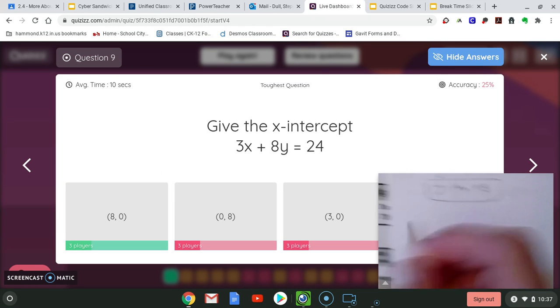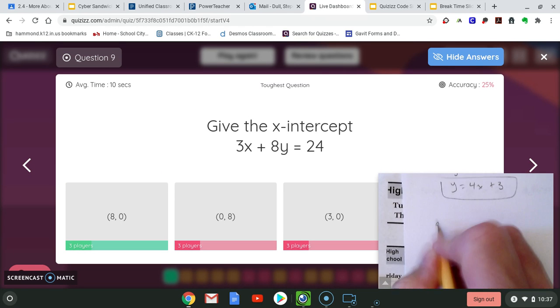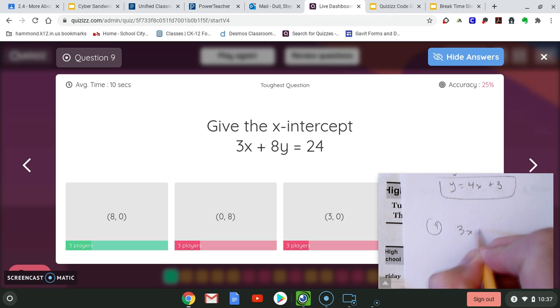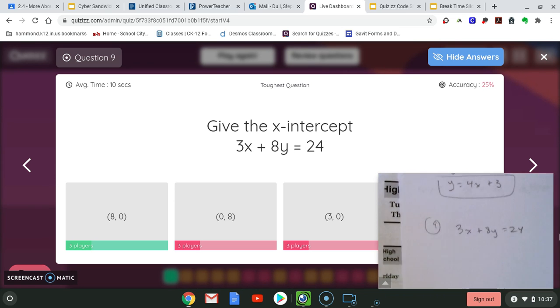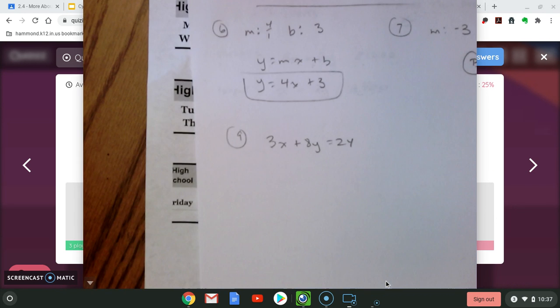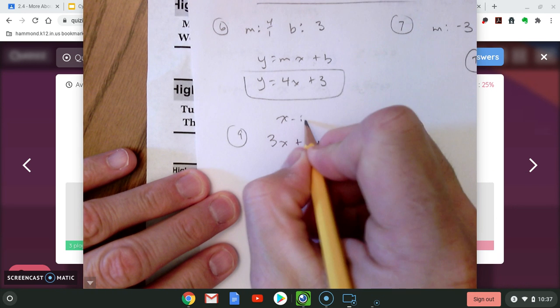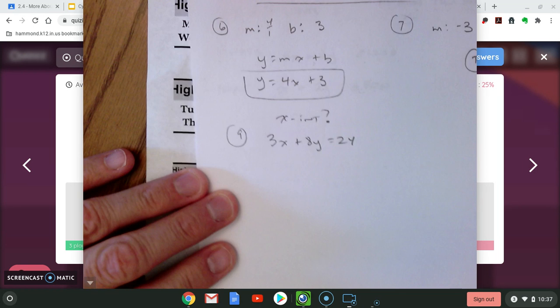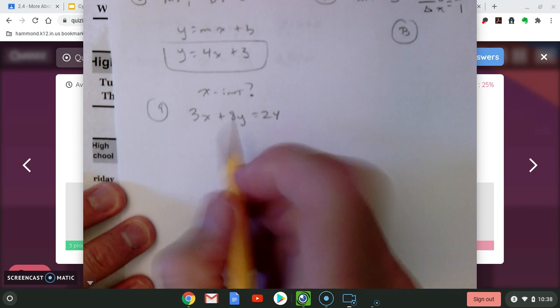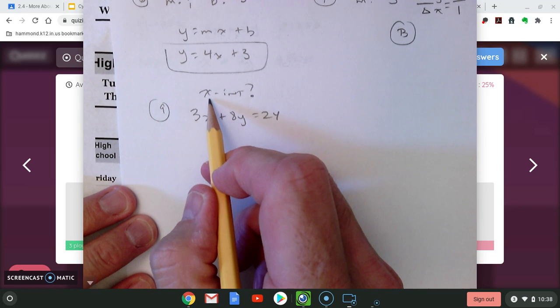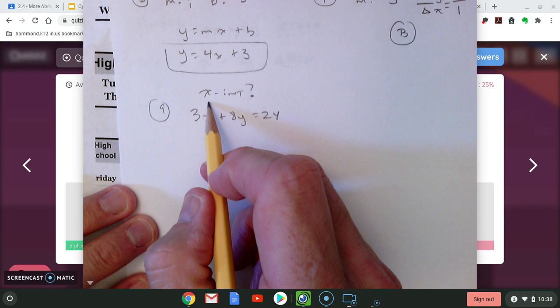So we're asked to give the x-intercept of this equation, 3x plus 8y equals 24. The x-intercept is where this graph crosses the x-axis, okay?